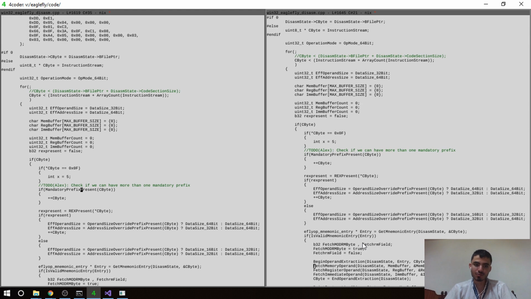What happens if we don't find something? What happens if we have an instruction that is just bananas, that doesn't have any kind of meaning in the mode that we are working with?